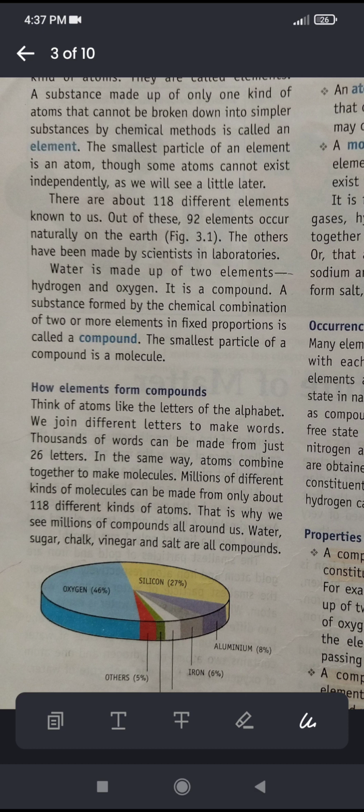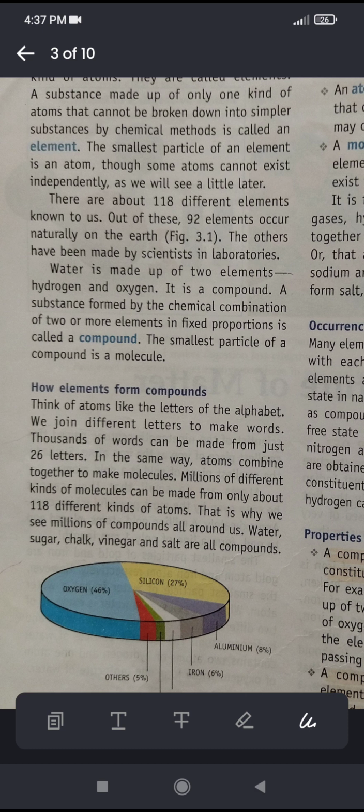That is why we see millions of compounds all around us. Every substance we see around us, elements and compounds, is made up of these 118 different kinds of atoms.